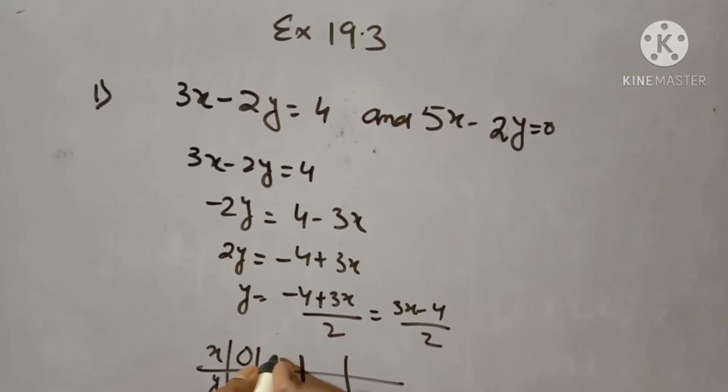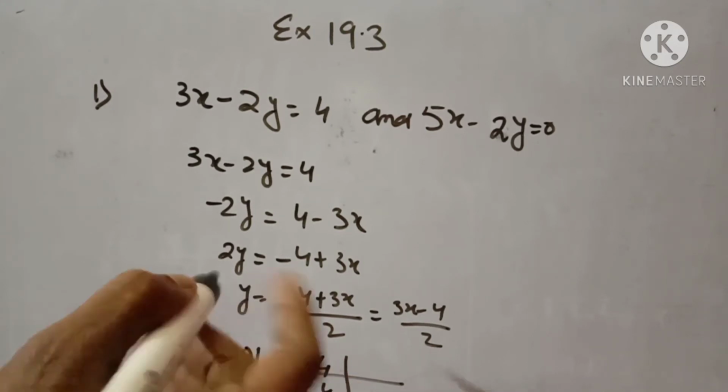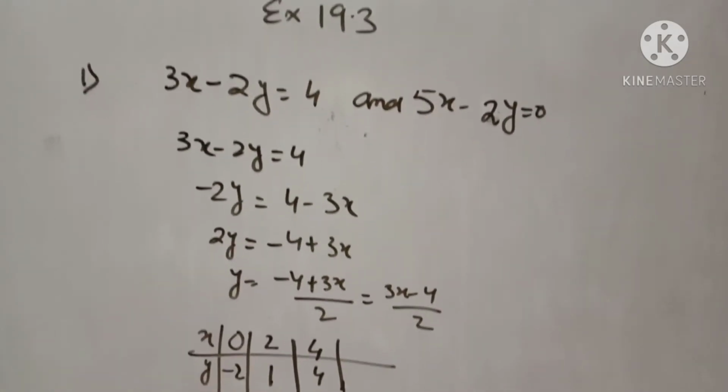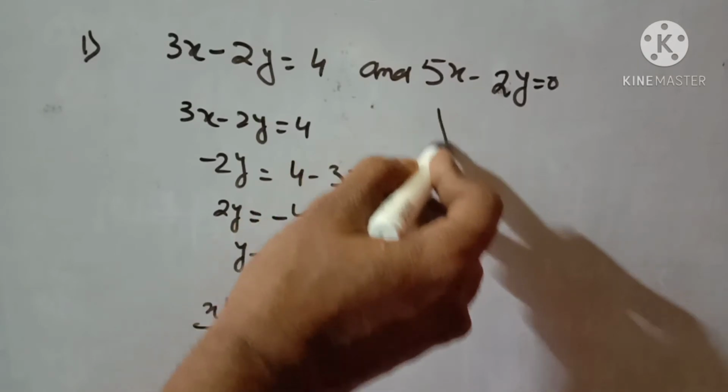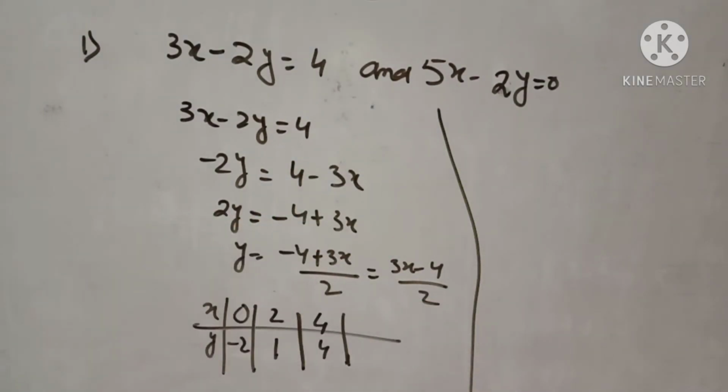If I put x equal to 2, it will come 1. If I put 4, it will come 4. These are the points of the first equation. You can assume any value, but you have to see the graph paper. According to the paper you have to put the value, otherwise if you take a bigger value, it is very difficult to plot on the graph paper.